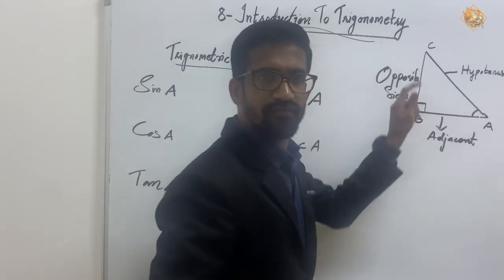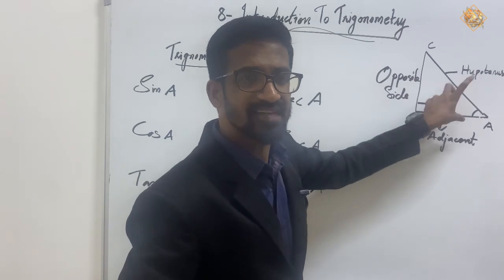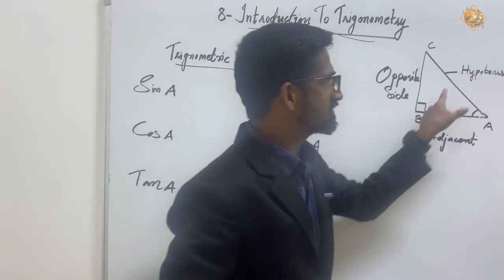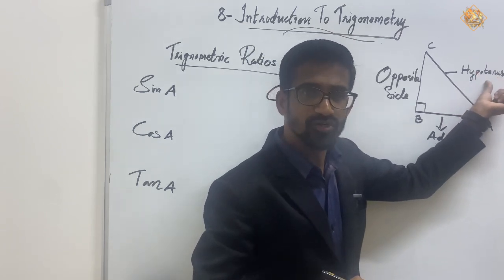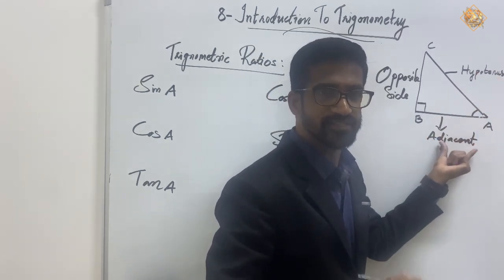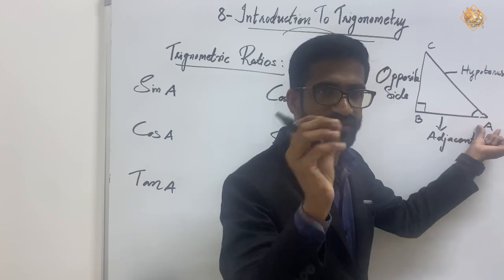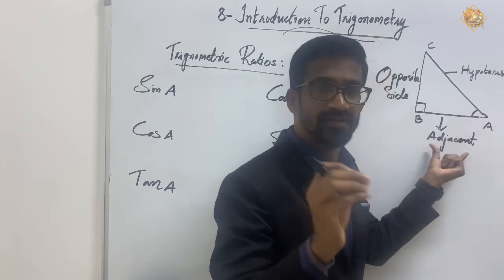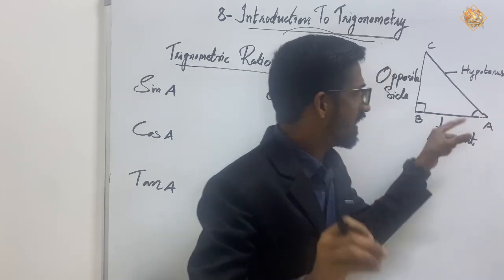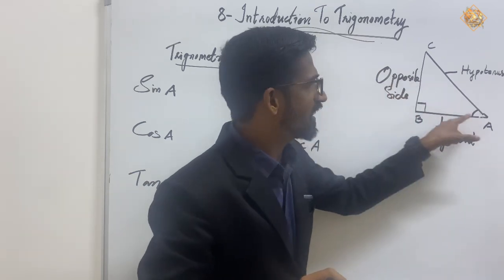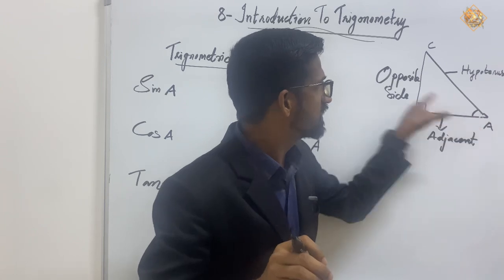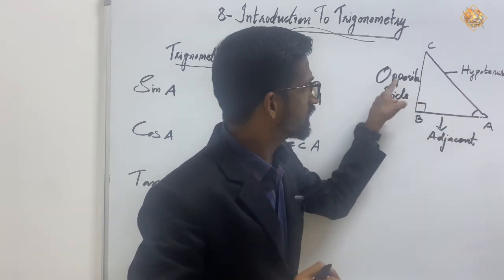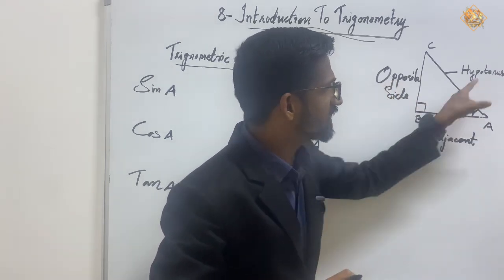So we now learned the 3 sides of a right angle triangle: the side opposite to 90° is the hypotenuse, the side closer to the angle we are focusing at is the adjacent side, and the side opposite to the angle is the opposite side.